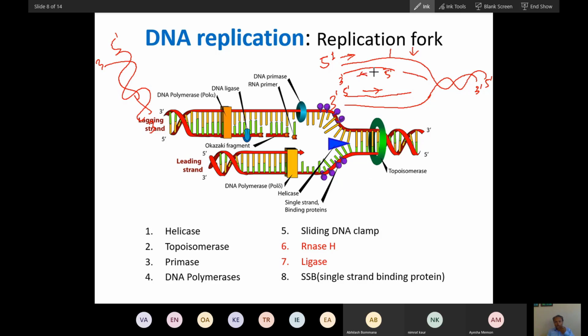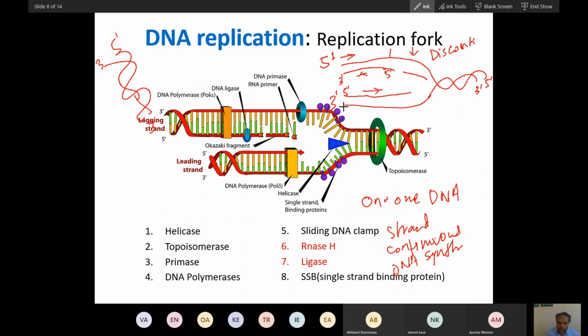So when DNA synthesis happens on these two strands, on one strand there is continuous DNA synthesis, and on the other DNA strand there is discontinuous synthesis.